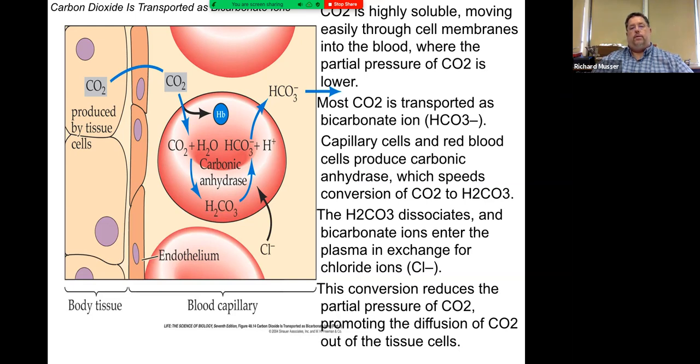The carbon dioxide will transport in the blood as bicarbonate, H2CO3. This associates and bicarbonate ions enter the plasma in exchange for chloride ions. This actually allows for some of the, let me just back up a little bit.